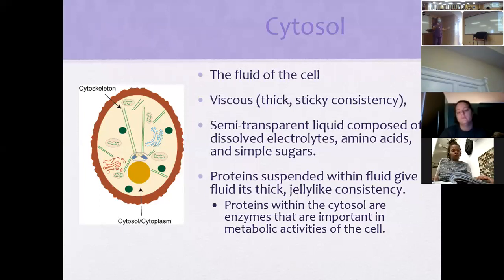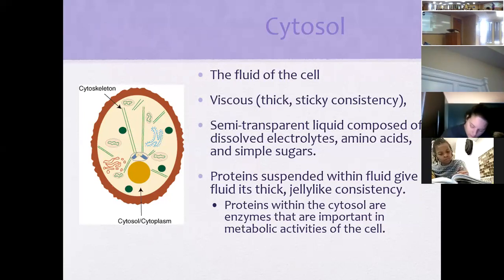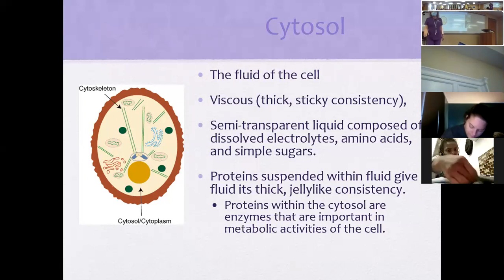Cytoplasm is everything on the inside, the organelles, the skeleton. When you say cytoplasm, you're just referring to a generalization, the general inside of the cell. Cytosol is specific for the jelly-like substance. It's made of proteins. It helps our organelles float around and move around the cell.